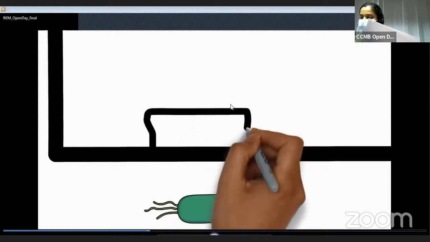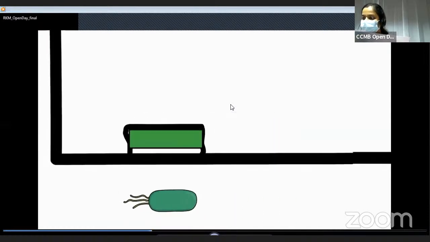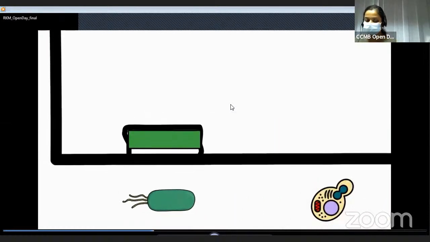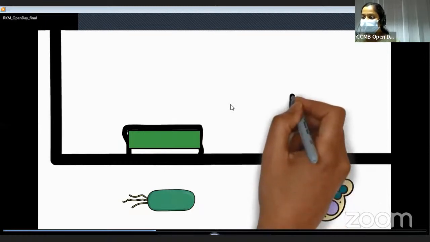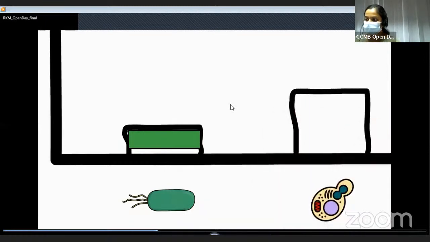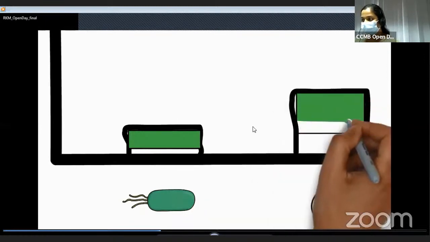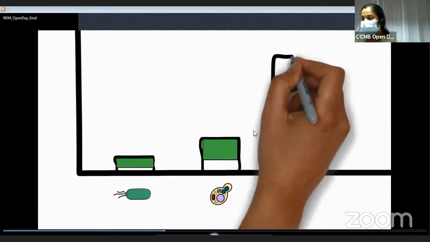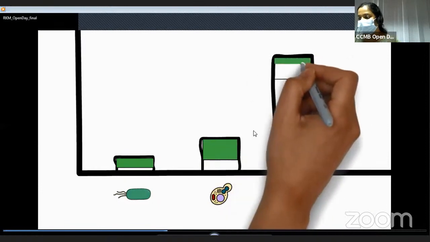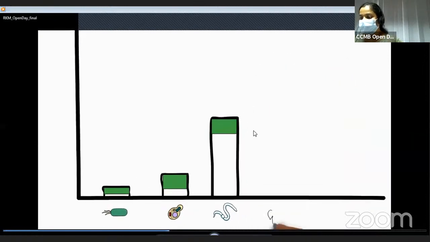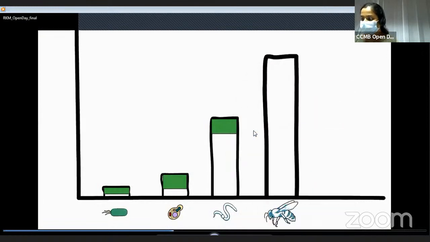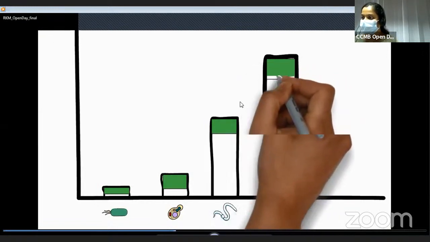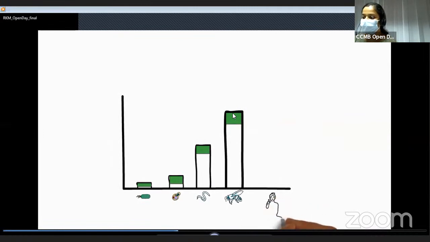The smallest genomes that we know are mostly from prokaryotes like bacteria, which have about 3,000 coding genes. The smallest eukaryote, like the yeast, has a similar number of genes. But when it comes to higher organisms like worms or flies, we see that the amount of the genome increases, but the coding genes remain almost similar.